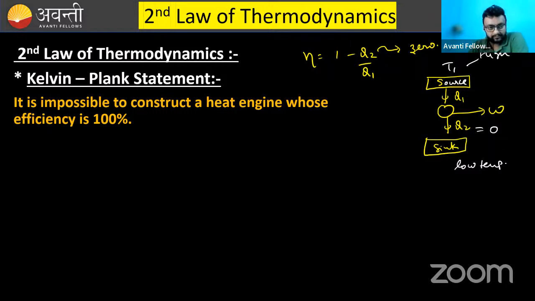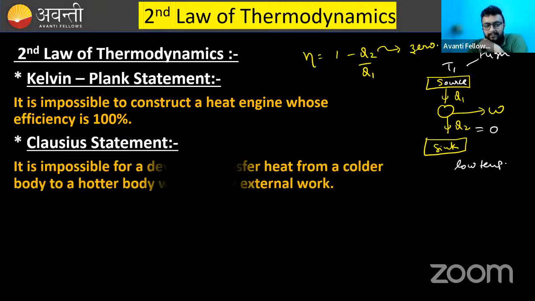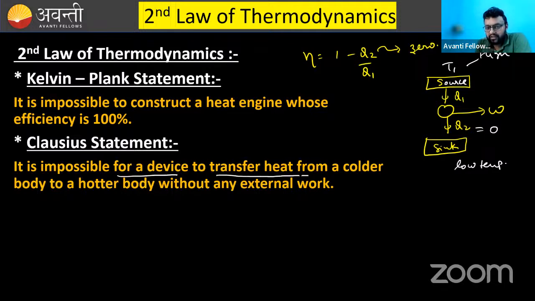Now there is another statement, the Clausius statement. What is the Clausius statement? It says it is impossible for a device to transfer heat from a colder body to a hotter body without any external work.